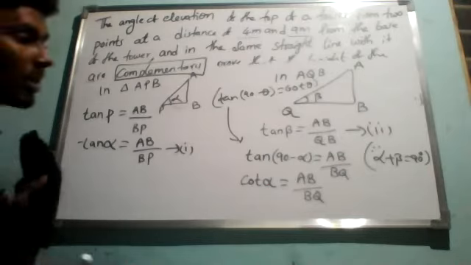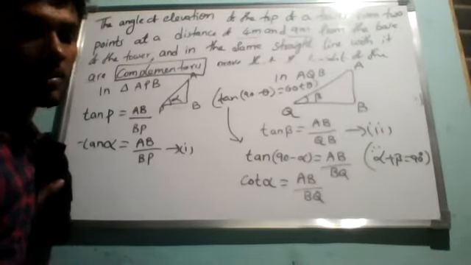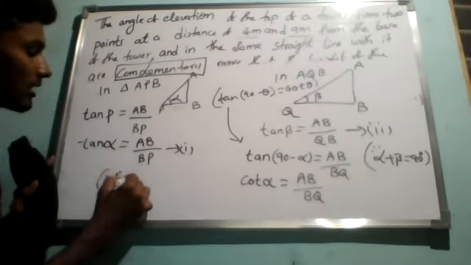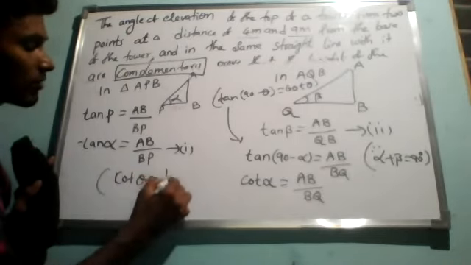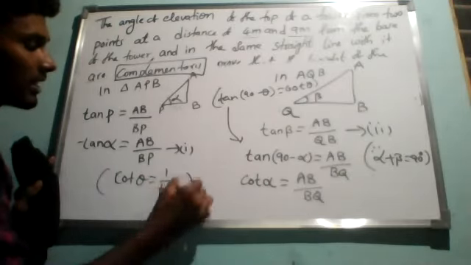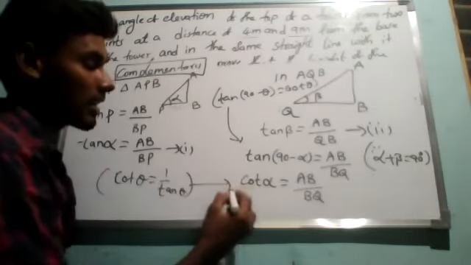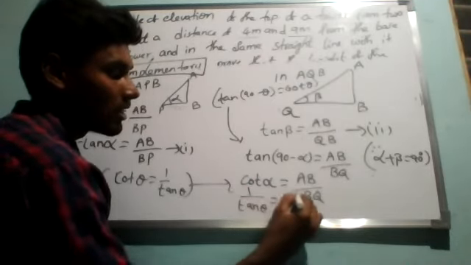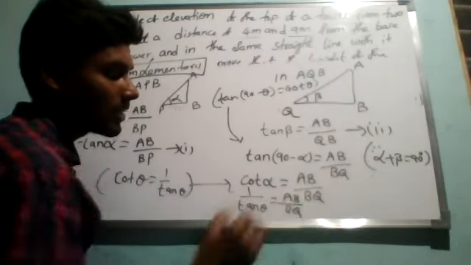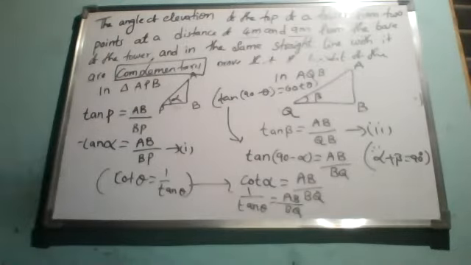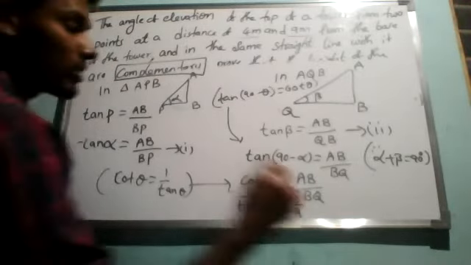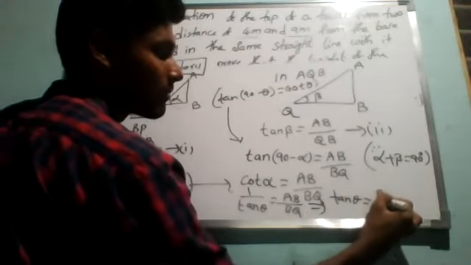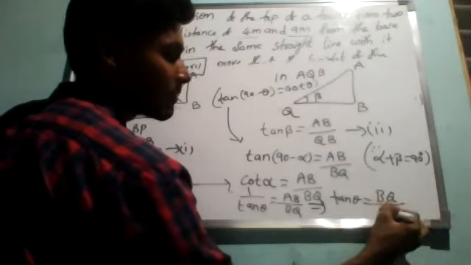Understand? We know that cot theta is equal to 1 by tan theta. So instead of cot theta, I can write 1 by tan theta, which is equal to AB by BQ. Now if we reverse it, we get tan theta equals BQ divided by AB.